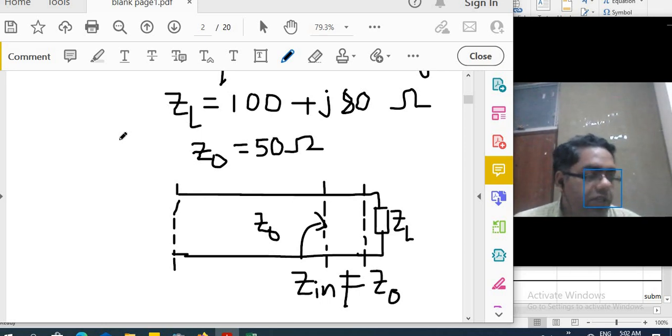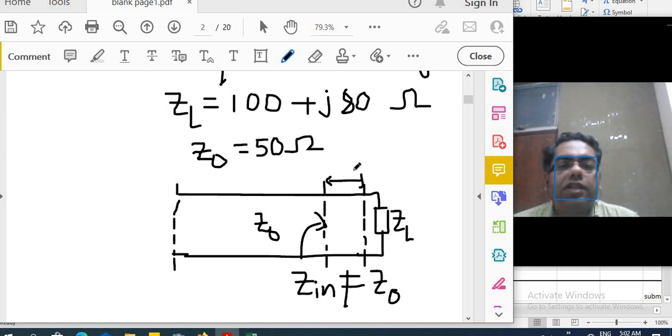Let us take an example of an open circuit stub. That means suppose at this plane, at a distance d, the real part of input impedance will be Z0. So at that distance d we have to connect one stub. Suppose I am going to connect a series stub.